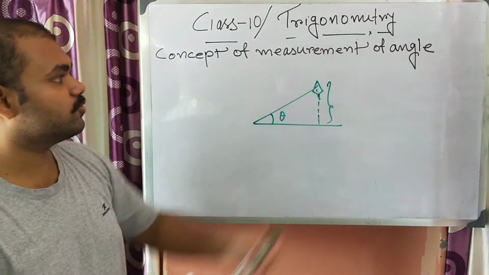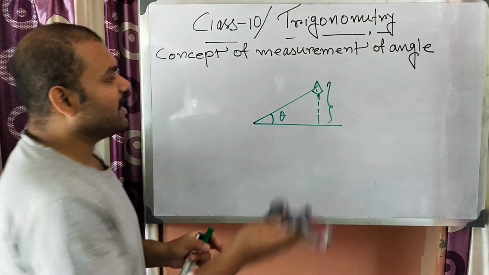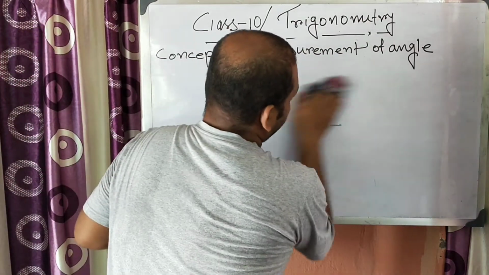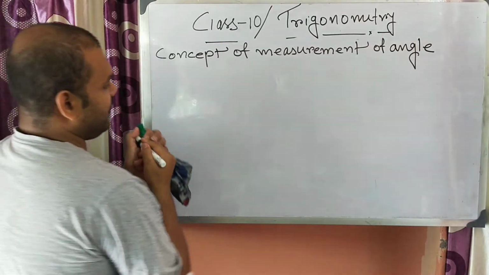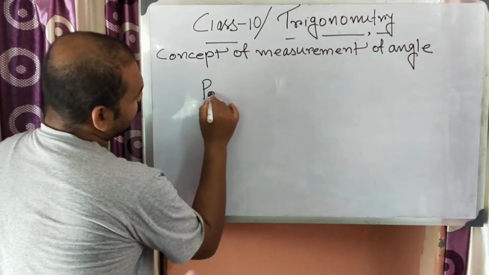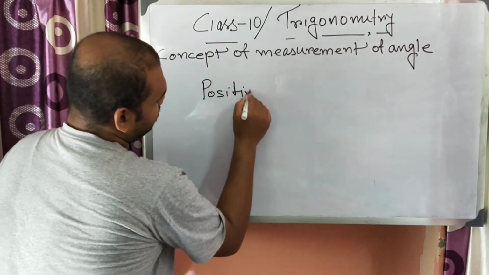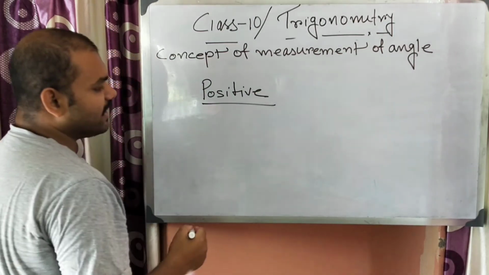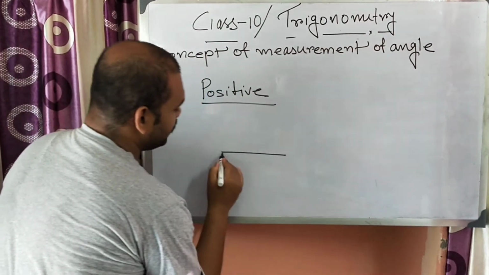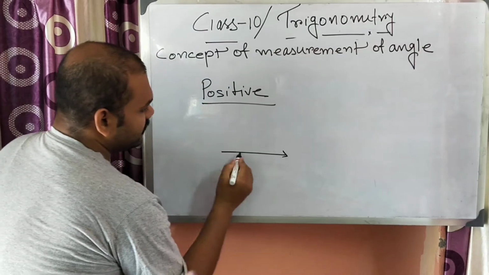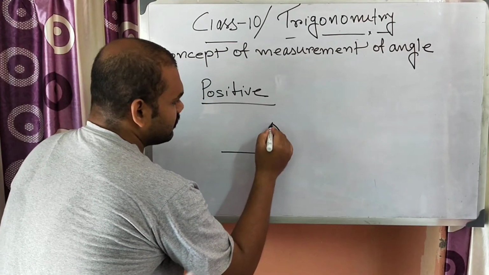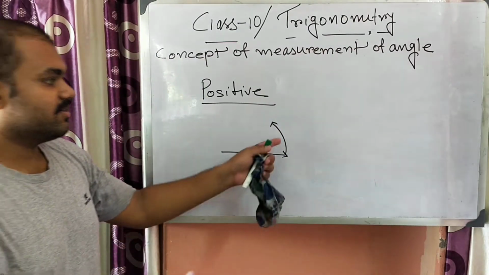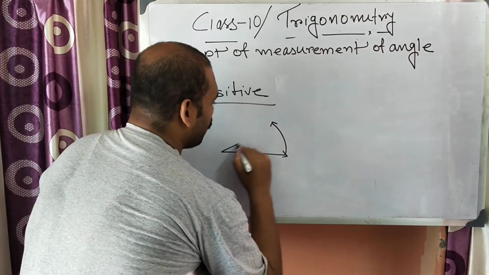To get there, we need to know about angles. So let's start with positive angle and negative angle. What do you mean by positive angle? A positive angle is a particular angle which forms when a ray rotates like this, anti-clockwise.